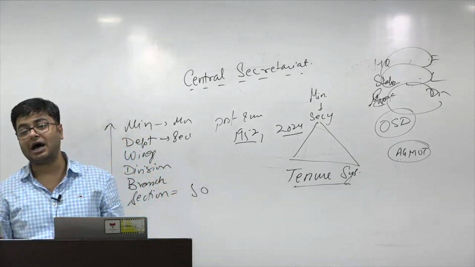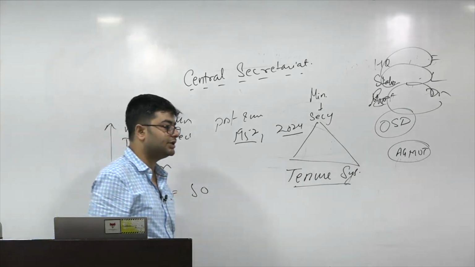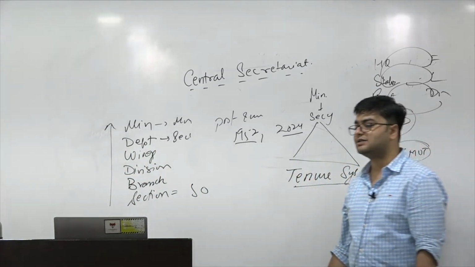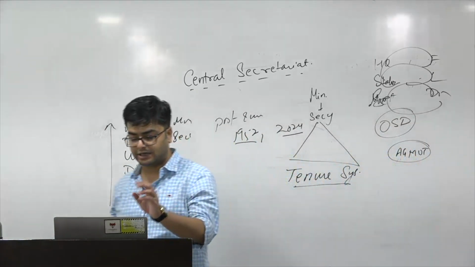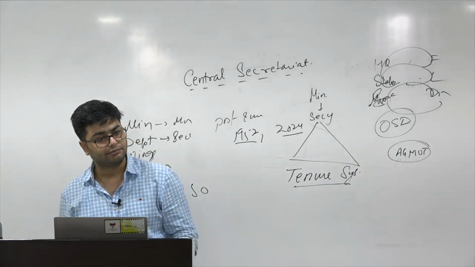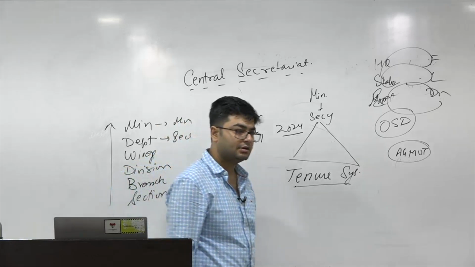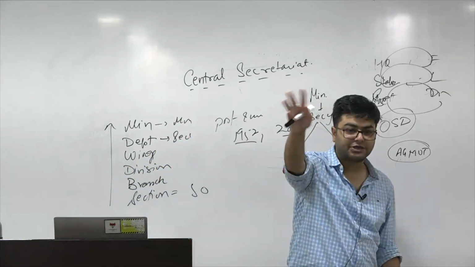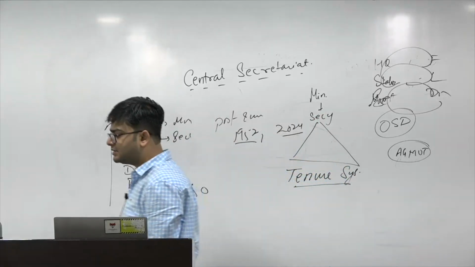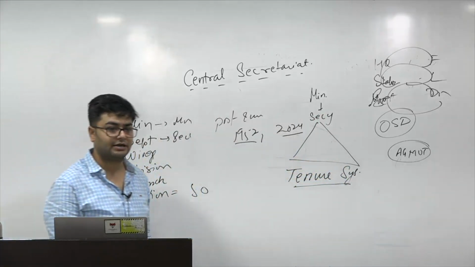But there are arguments against the tenurial system. They say that nowadays the administrative work has become very specialized in character. Right? Again, the generalist versus specialist debate enters. Also, they say that the experience in districts is no more relevant.